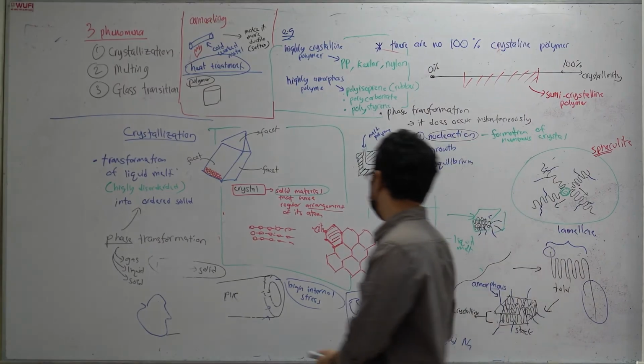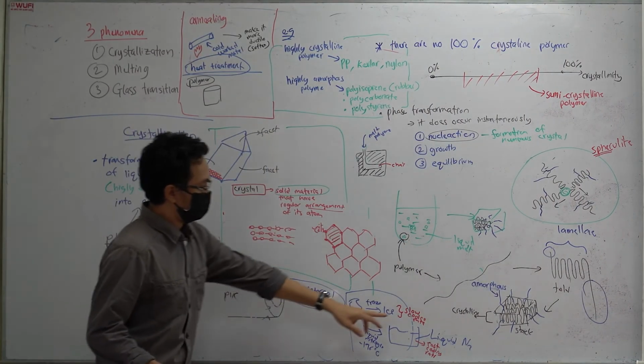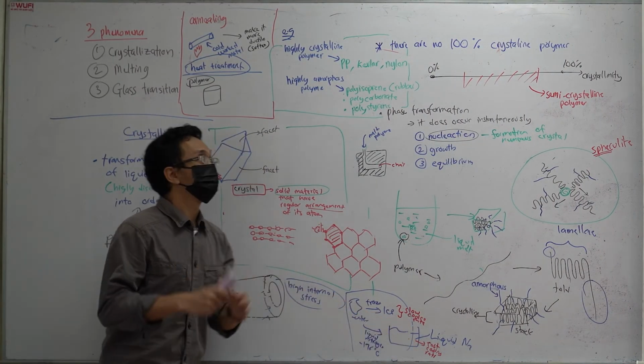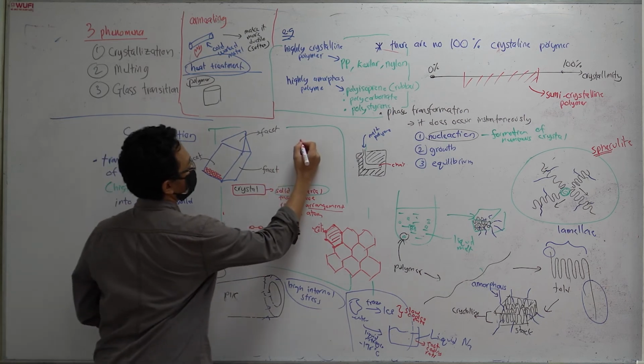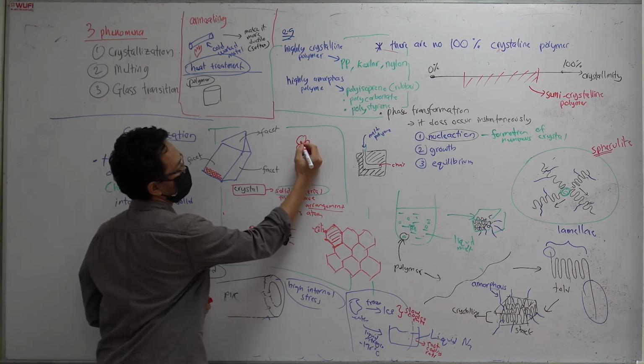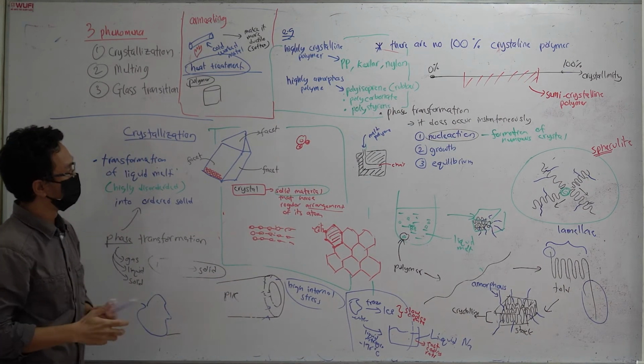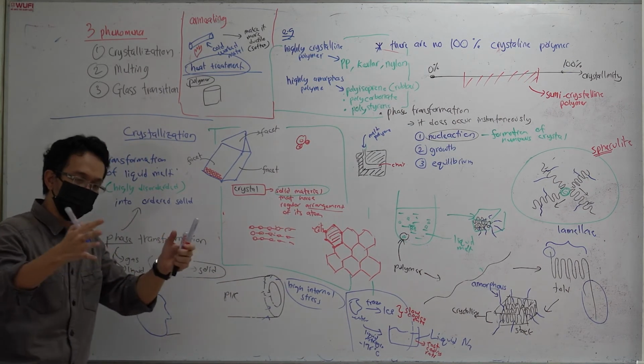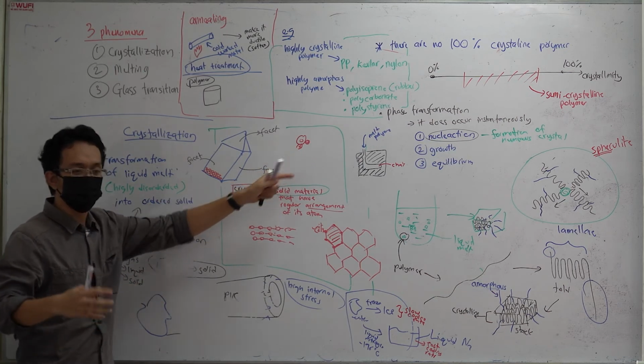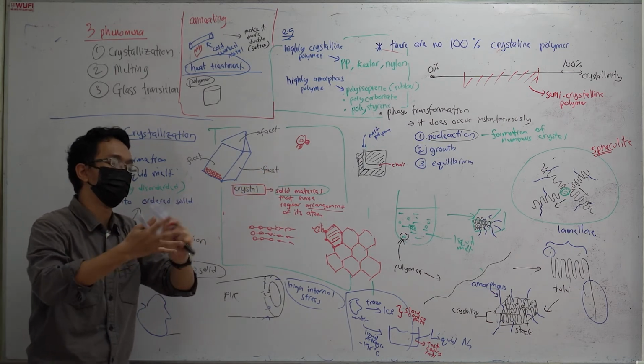So when you cool instantaneously, what happens in the water? You see, in water there are oxygen and also hydrogen, right? H2O. When things cool, the water molecules will try to rearrange themselves to make a crystal.